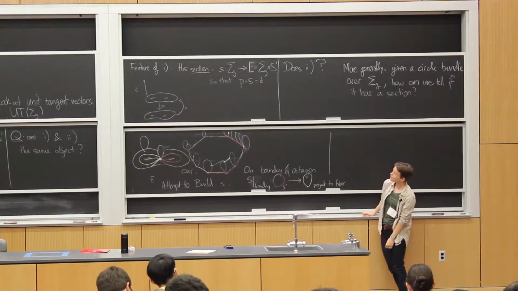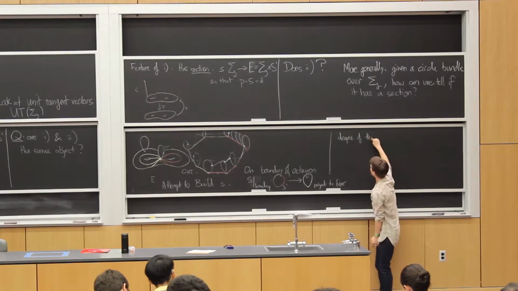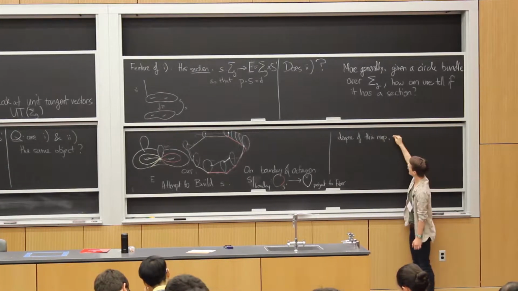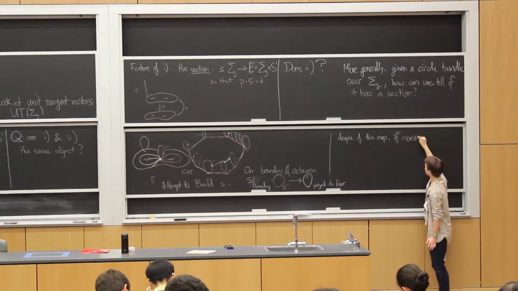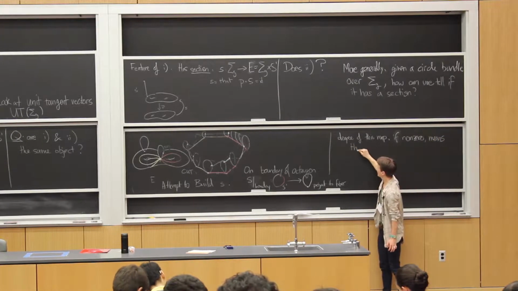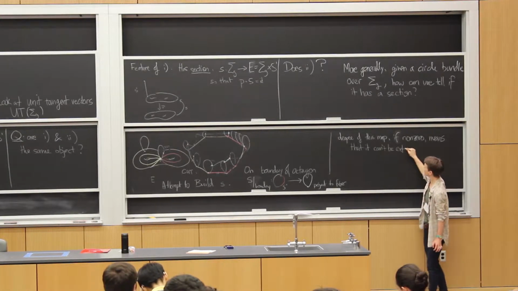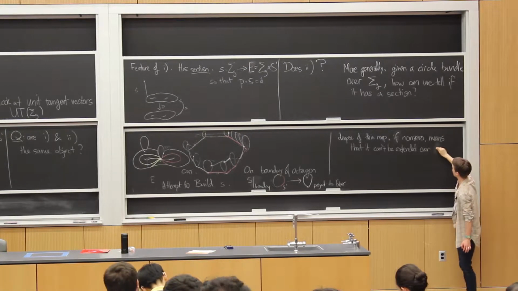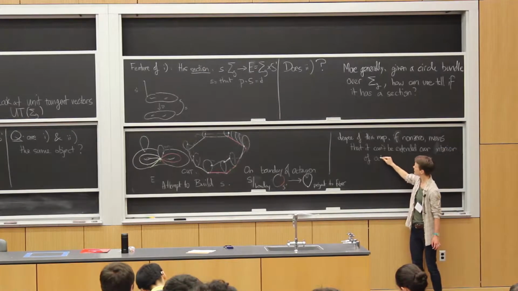So in other words, if the degree of this map is non-zero, it means that it can't be extended over the disk, or over the interior of the octagon.